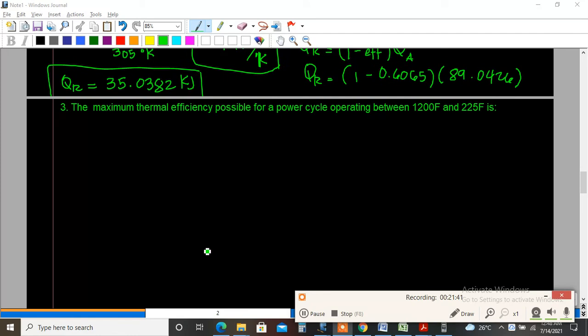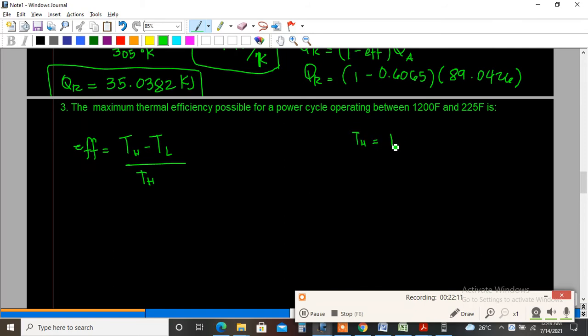Okay, next problem. The maximum thermal efficiency possible for a power cycle operating between 1200 degrees Fahrenheit and 225 is, so efficiency is being asked. Efficiency is equal to high temperature minus low temperature over T high. So TH will be equal to 1200 plus 460, so that we have a Rankine absolute.